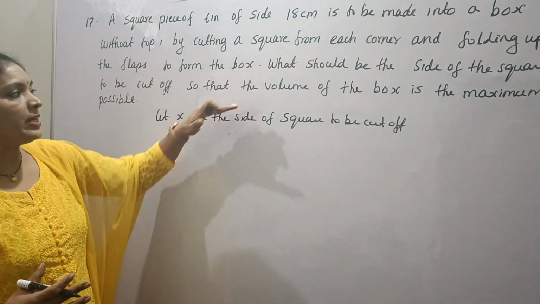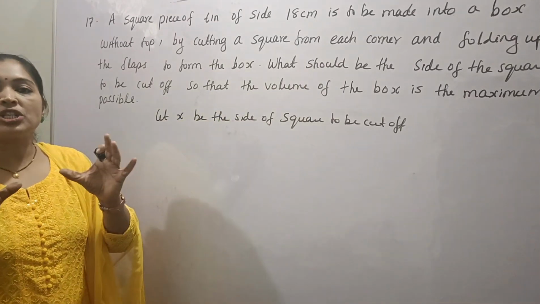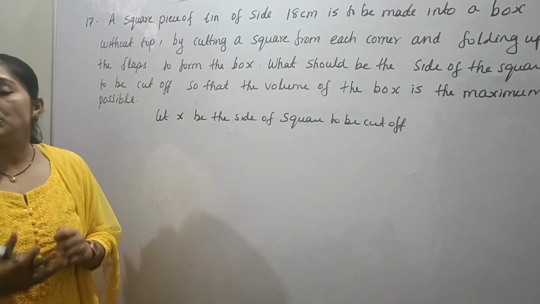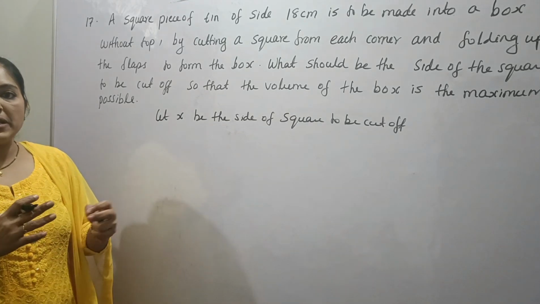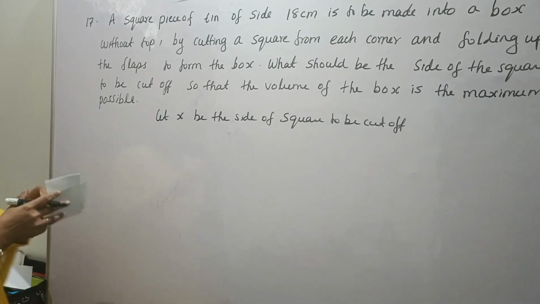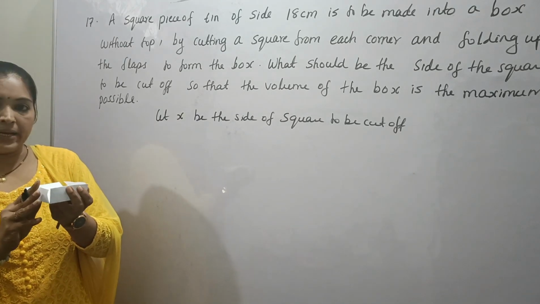Then what is our function? Here the volume of the box is our function. So first of all, let's write the dimensions of the box, that means length, breadth, height, right? Initially it was 18 centimeter each side, right?